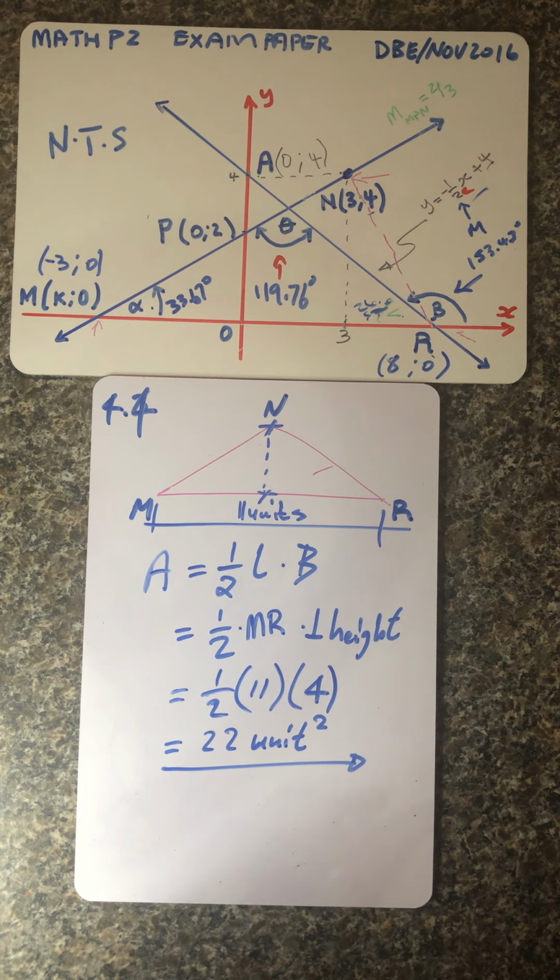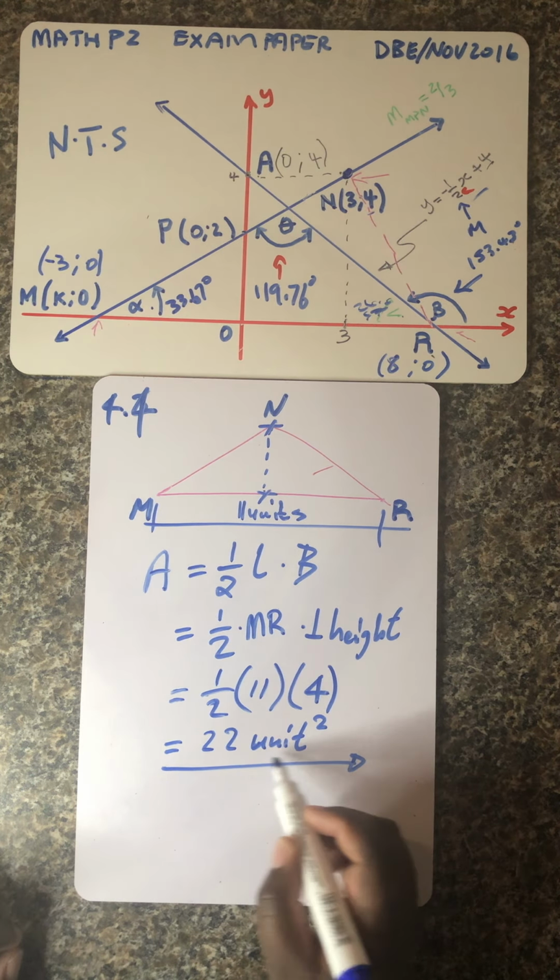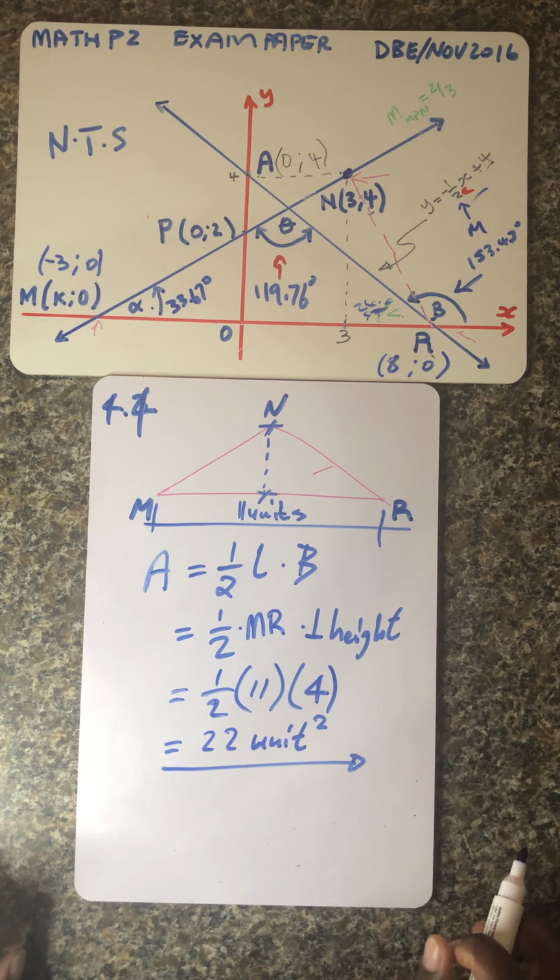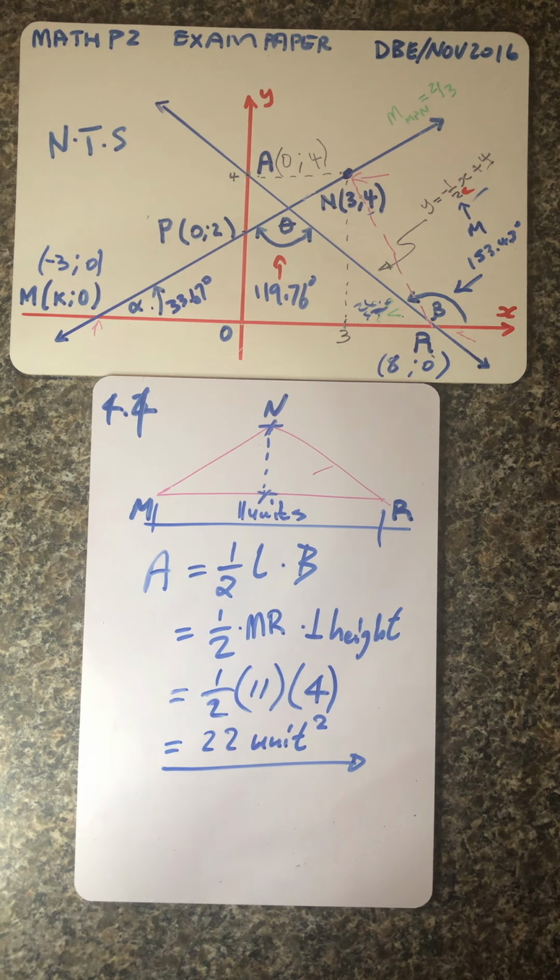So that's why our final answer will be in units squared. Okay, so guys, this is how you calculate the last question of this question paper. So I assume you understood from the first question until the end.